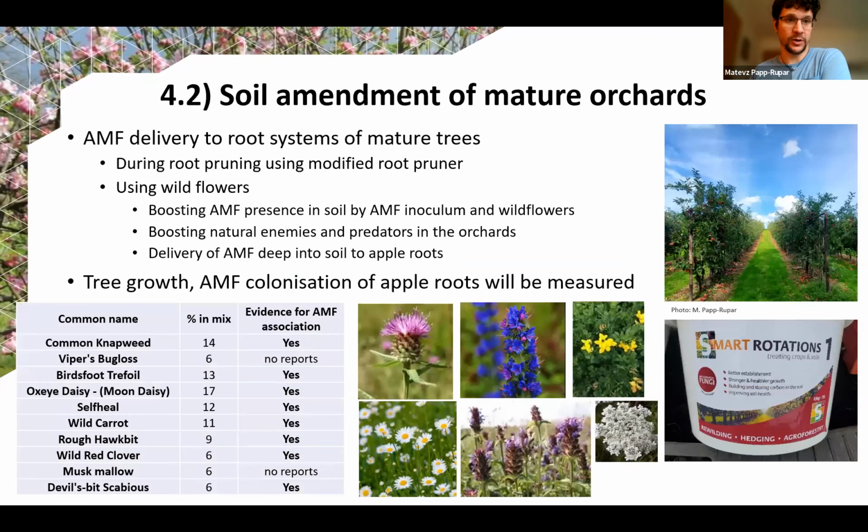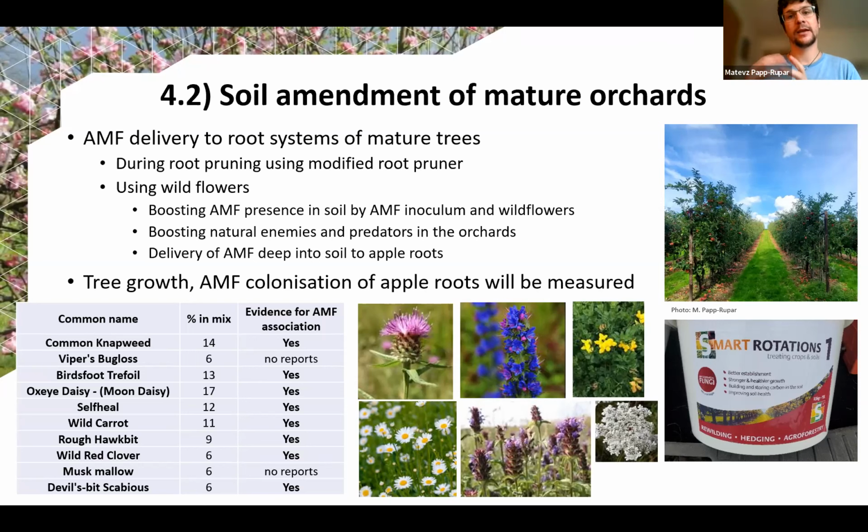There are a lot of mature orchards around as well, which might need to increase their resilience now with more climate change and more canker problems. So we're trying different ways. One is to get mycorrhiza into the orchards with root pruning, or by using wildflowers that will boost the presence of AMF.